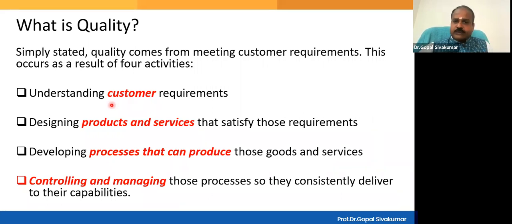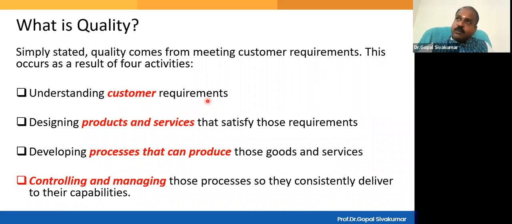So quality means, first of all, you should understand customer requirement. Understand customer means you first of all know who are the customers. Particularly, let's say it's a physical product, not the service. I am selling a mobile phone. Now, what is the meaning of understanding the customer? Customer segment should be understood, isn't it? My mobile phone has a price of 15,000 rupees.